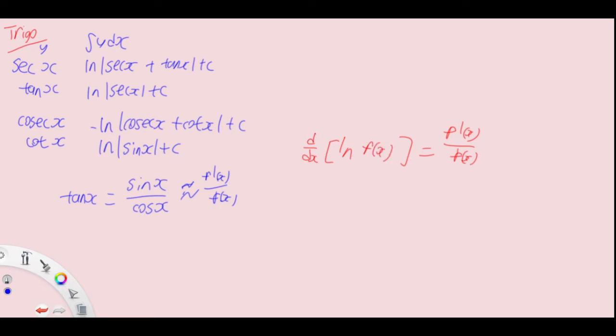As such, if we were to integrate tangent x, you'll be integrating sin x over cosine x, correct? Which means we'll be obtaining ln cosine x first, right? Because f x is the bottom, for when you differentiate ln f x. However, we're not done yet. The derivative of cosine x is minus sin x.